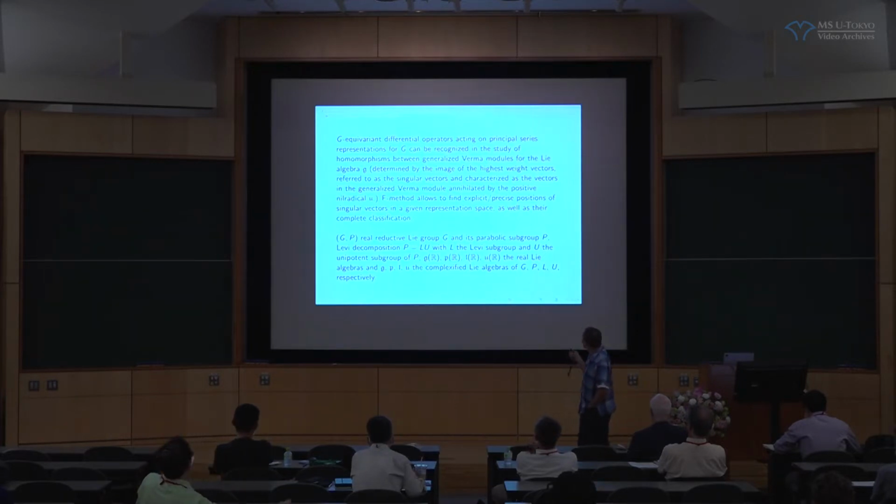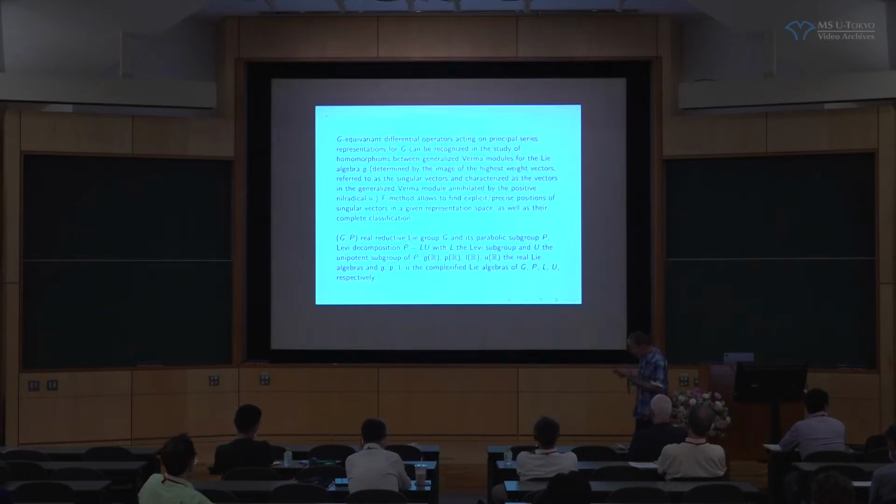Such images are referred to as singular vectors and characterized as the vectors in the generalized Verma modules which are annihilated by the positive nilradical u with respect to the chosen parabolic subalgebra p in the Lie algebra g.